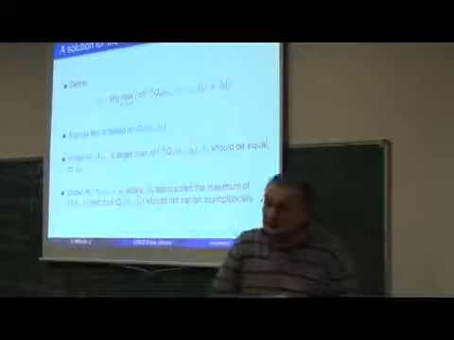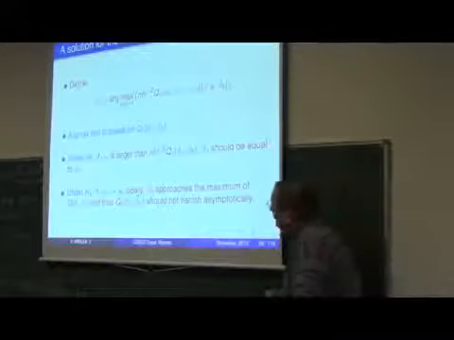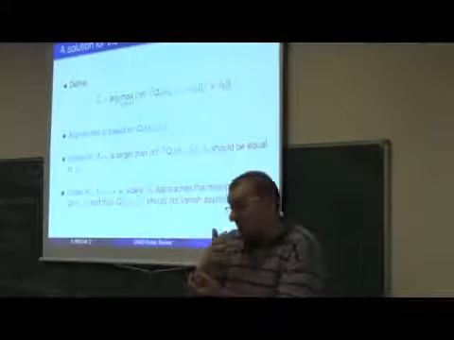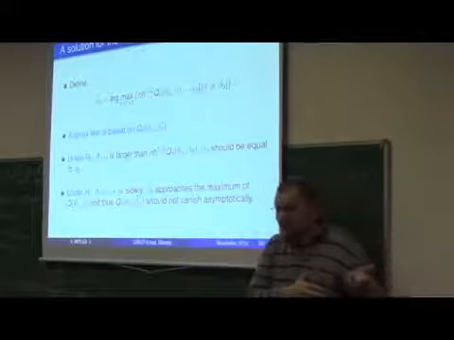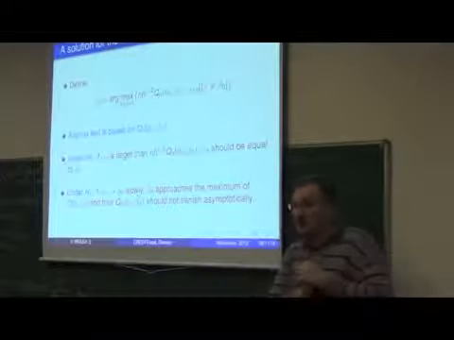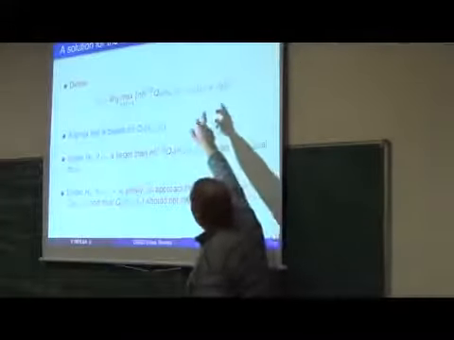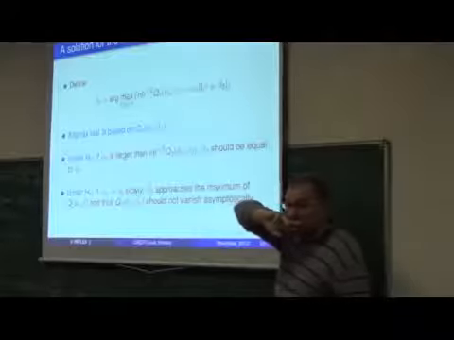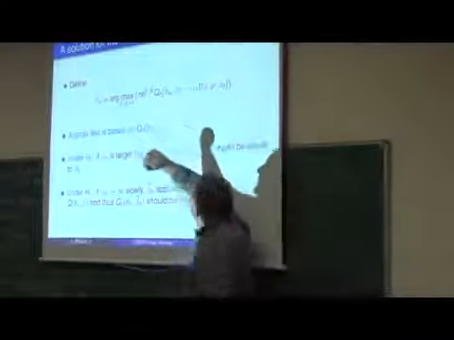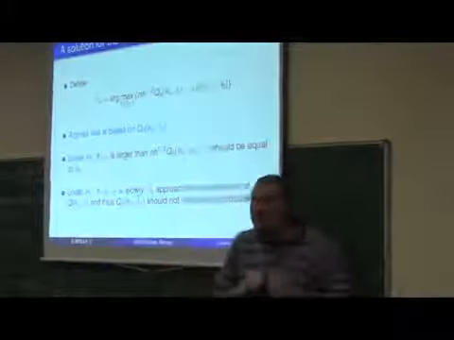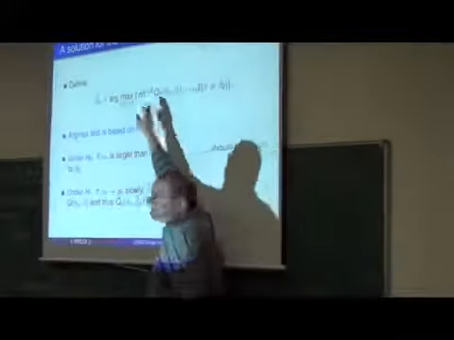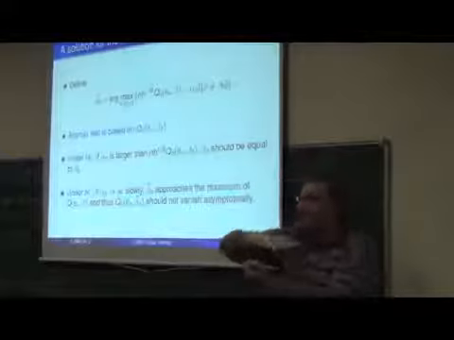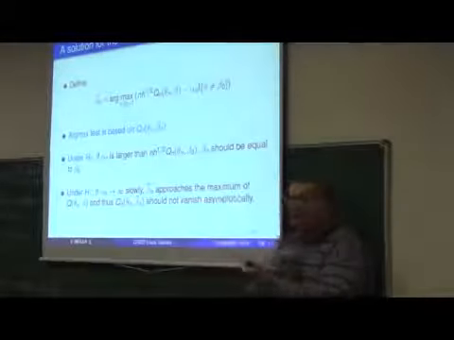What would you like to happen under the alternative? Under the alternative, it is very likely that other directions than beta 0 may be better to tell you that you are under the alternative, may better reveal the failure of the H naught. So what you would like is that under the alternative, this part should be larger. If this part is larger, you don't have to take alpha n too big, because you will select a beta that maximizes this part, and this beta would be the best suited to tell you H0 is not true.